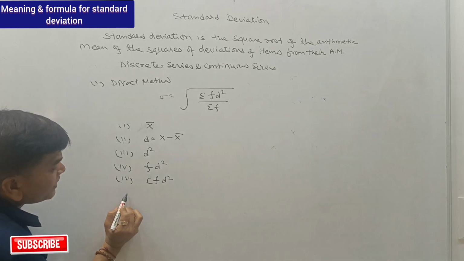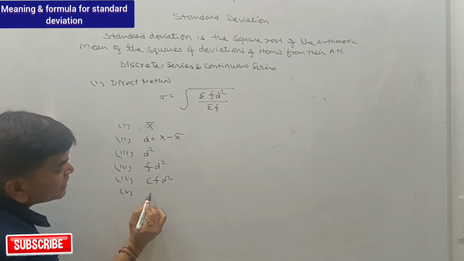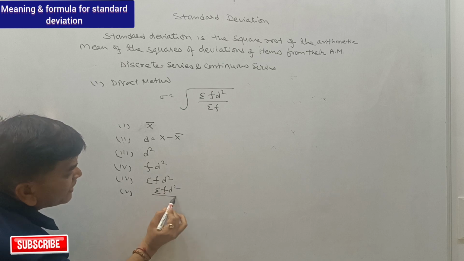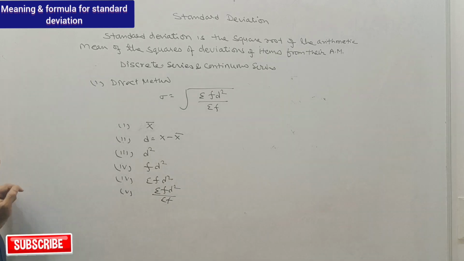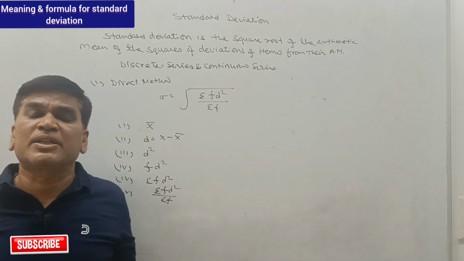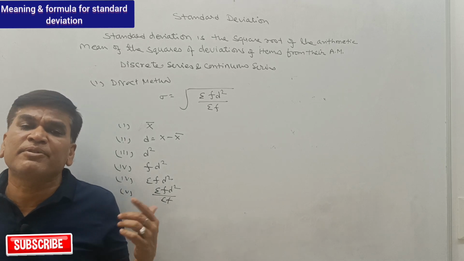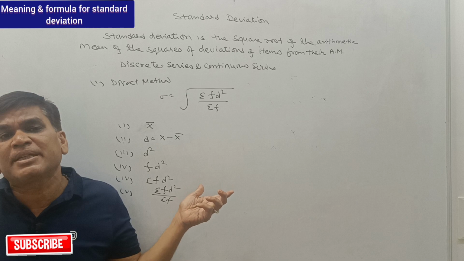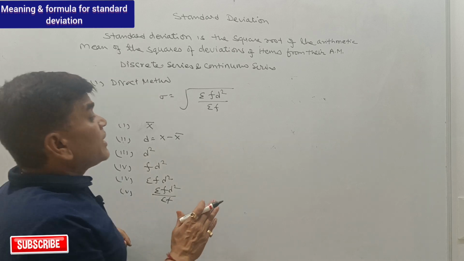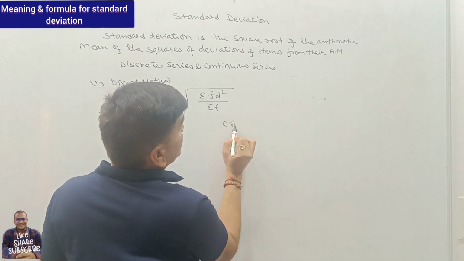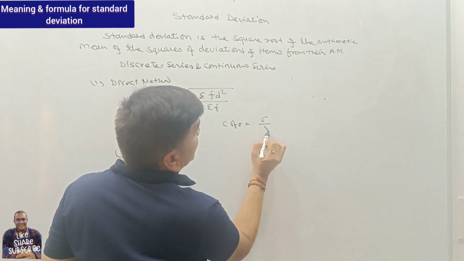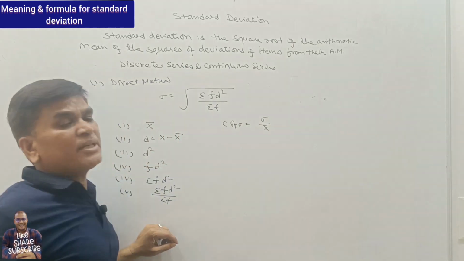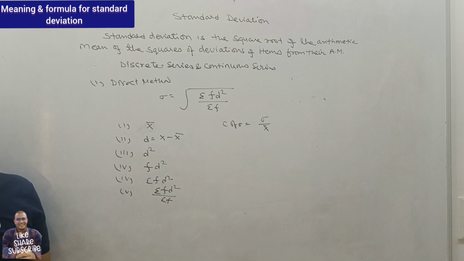Next we calculate sigma f d square divided by sigma f, and after that we take the square root. So this is the direct method to calculate the standard deviation. Next, the coefficient of standard deviation is standard deviation divided by x bar, similar to what we already discussed in the previous method.